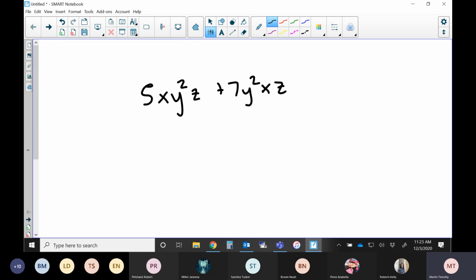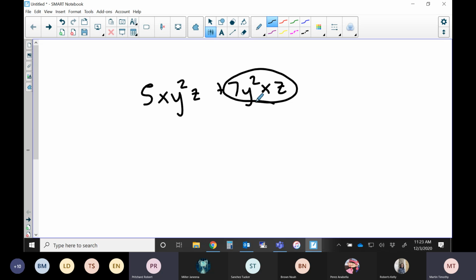Are these like terms? Yes. Why? They're the same thing, just in a different order. And what allows me to switch this order if I wanted to? Does it begin with a C? It does, and ends in the unitive. Commutative? Yeah.